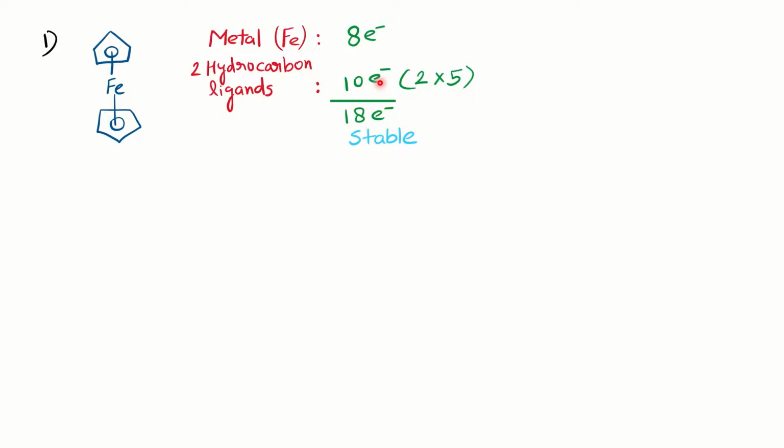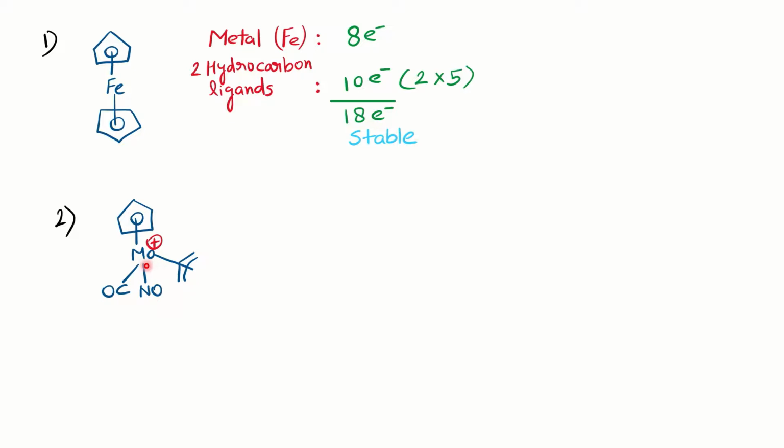The total is 18 electrons. If you sum it, 18 electrons means the complex is a stable complex. They will give you this structure and ask you to calculate the effective atomic number, or whether it is stable or unstable, or whether it follows the 18 electron rule. You can show that.